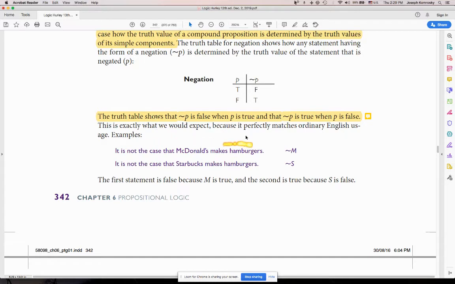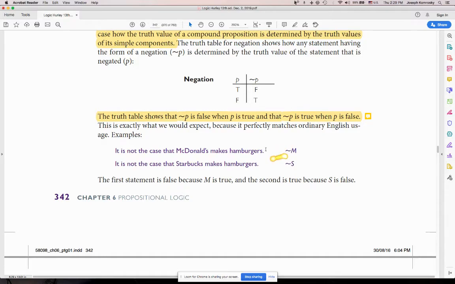Now, you could translate this whole thing as an M, which Hurley does, and then you negate it, right? Because it's not the case, so you simply put not M. Now, remember, section 6.1 was all about giving us this. Like, how do we get it? So this is just review, right? Now we're going to look at this and say, is it actually true? And in order to do that, we got to figure out what operator is it using.